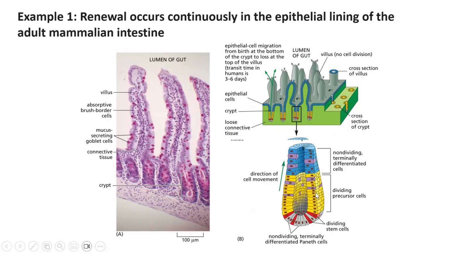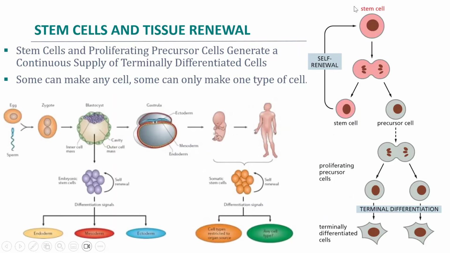But again, all I'm trying to show you is that having a regular population of cells that are able to renew, precursorily divide, and then terminally differentiately divide, we have lots of steps to ensuring we can renew our tissues, or we can make a whole system. We can make a whole organism.